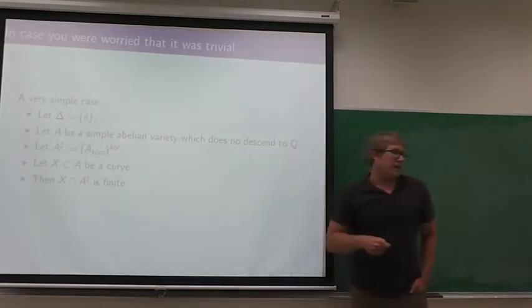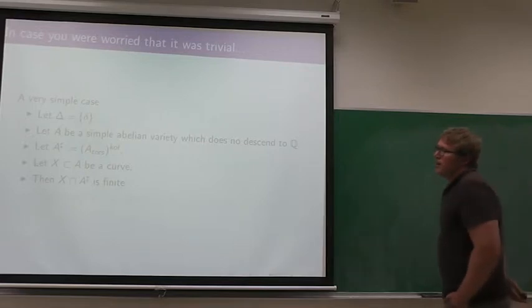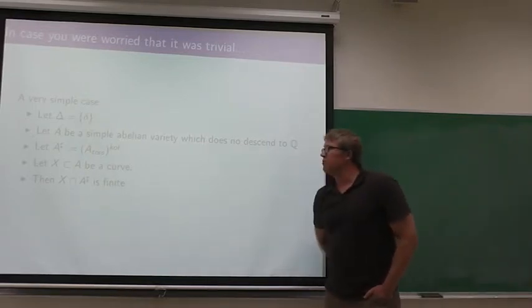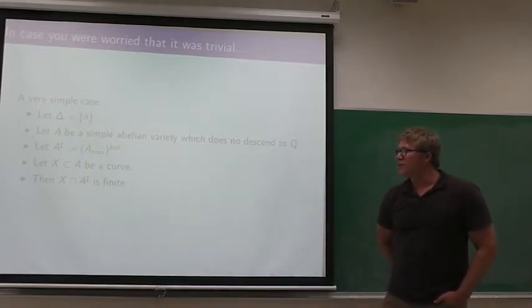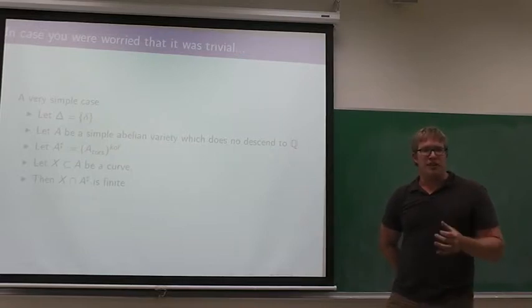And the way that you get effective finiteness results around these function field versions of Manin-Mumford type and Mordell-Lang type conjectures is by literally doing what I suggested on the previous slide, by showing that the set of solutions to a collection of differential equations is finite, and then showing how finite it is.